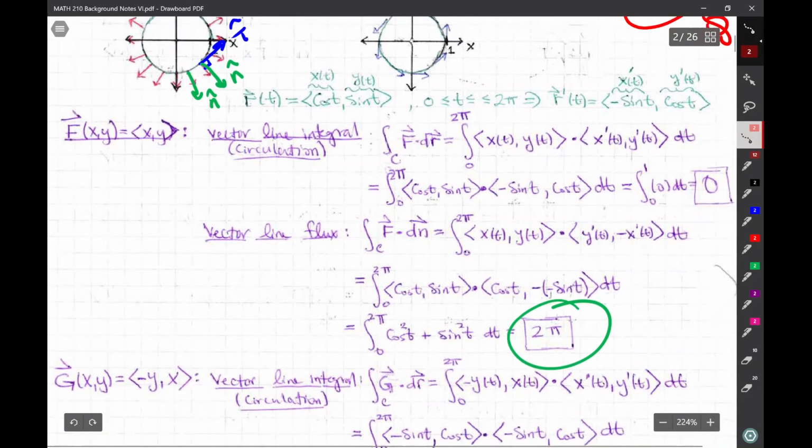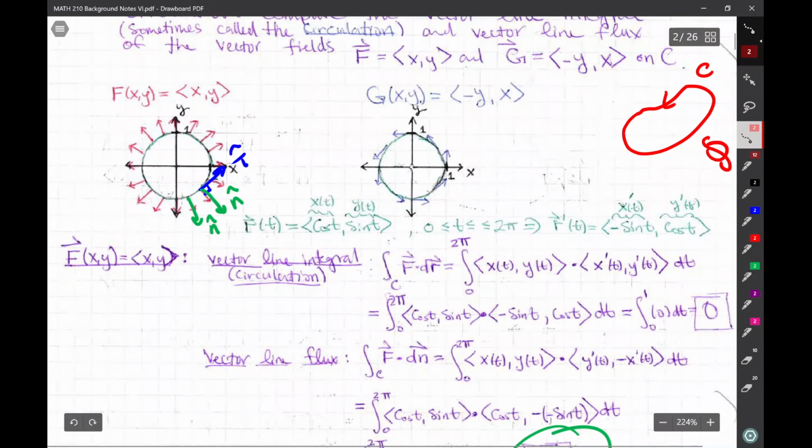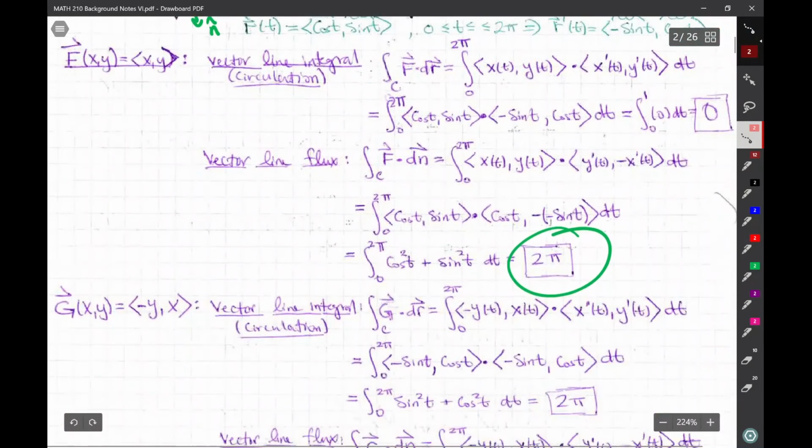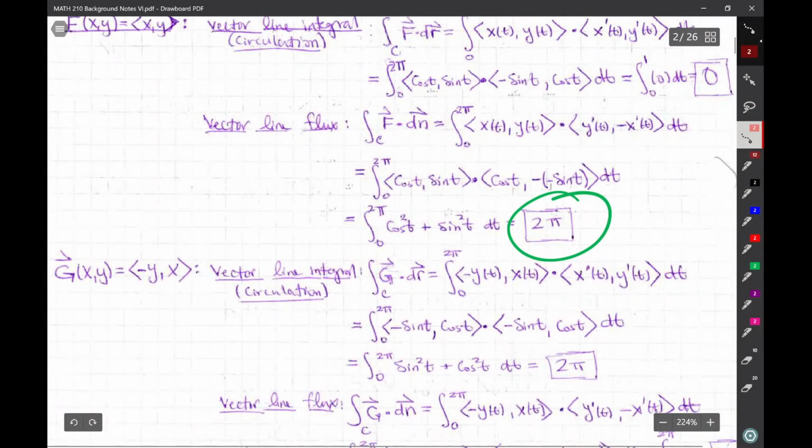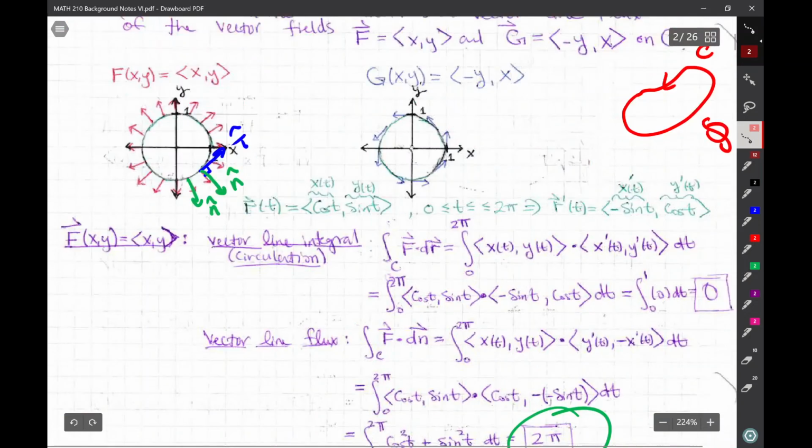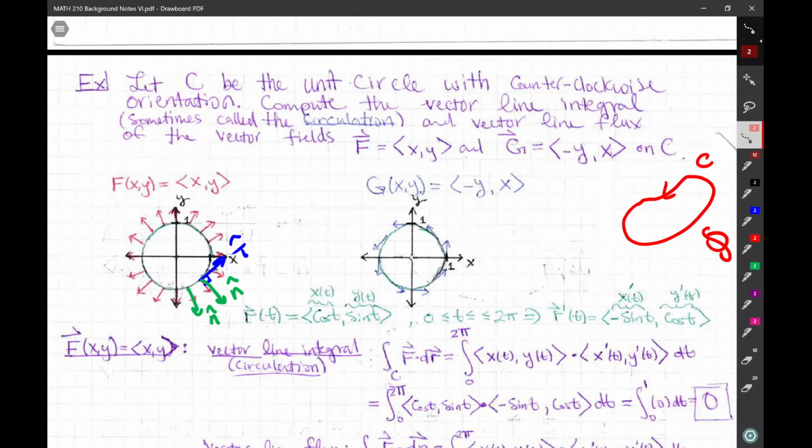Now, G(x,y) should have the opposite relation in the sense that the circulation should be positive, and it is, and we could do the same formal steps. And it's clear why that's the case. Again, here's G(x,y), and here are the tangent vectors. They point along with the vector field.